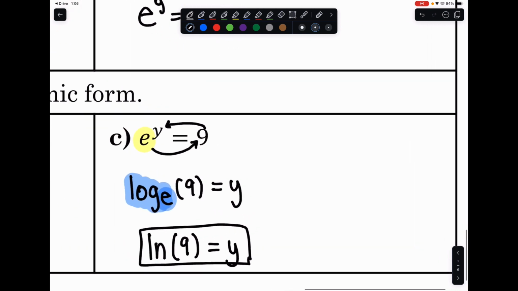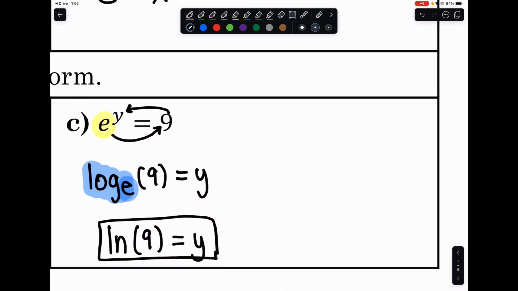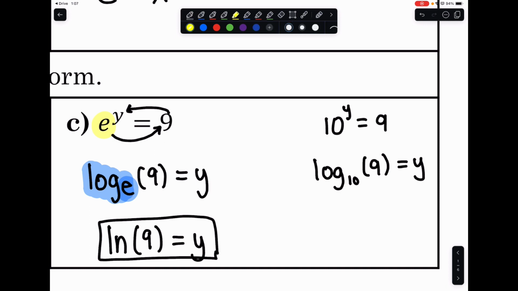I'm going to do another one. If our base was 10, let's say this was instead 10 to the y power equals 9, then that would be log base 10 of 9 equals y. And when the base is 10, the appropriate way of writing it is just to write the log of 9, because this refers to the number 10.